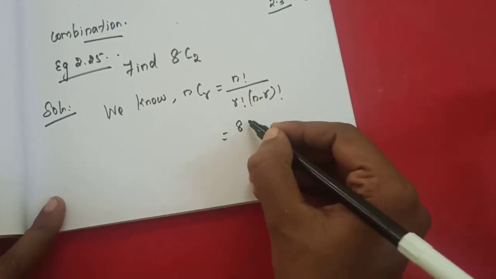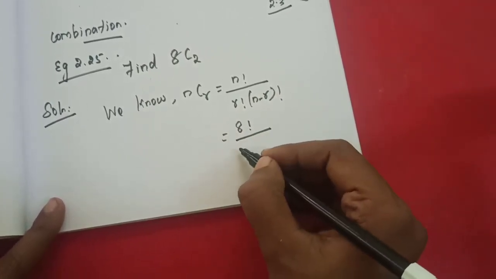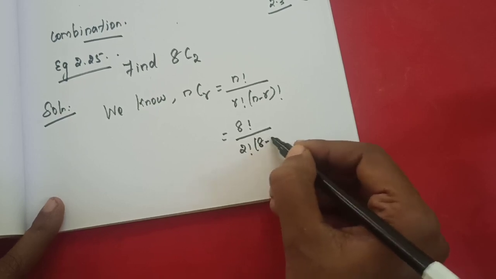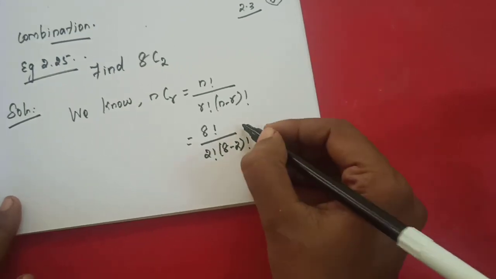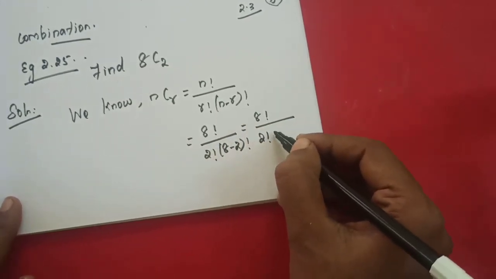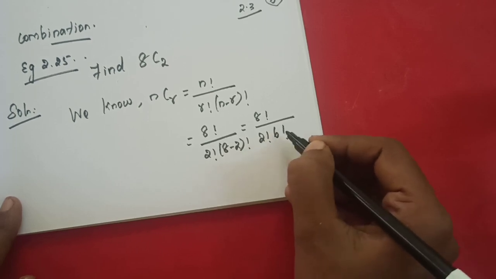Substitute: n value is 8, so 8 factorial divided by 2 factorial into (8 minus 2) factorial, correct? That's equal to 8 factorial divided by 2 factorial into 6 factorial.